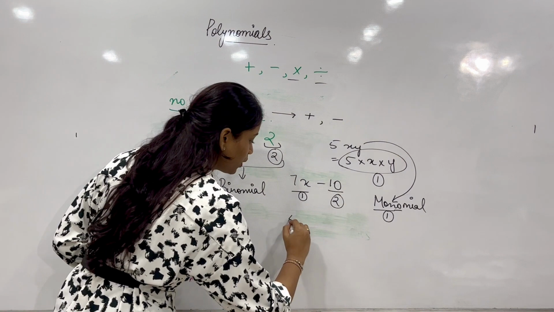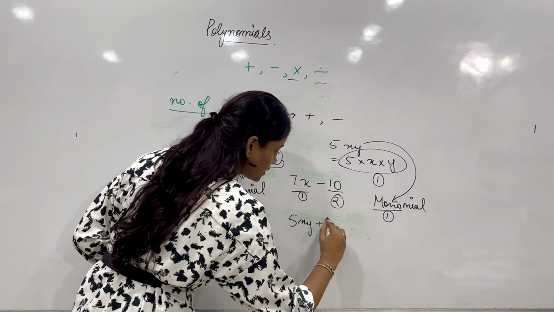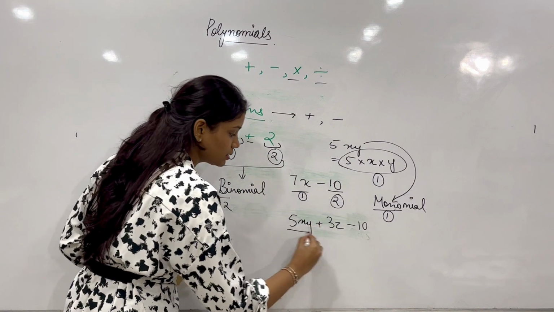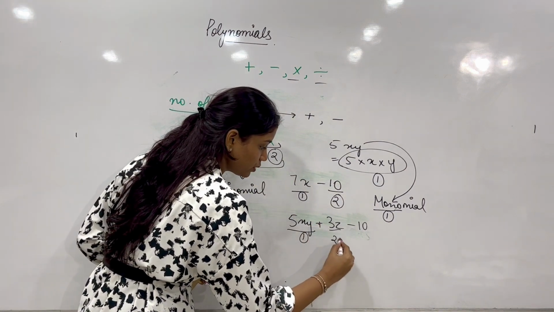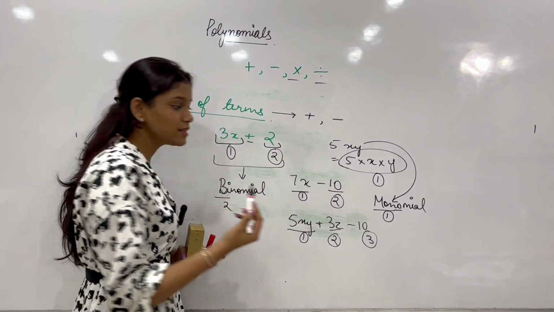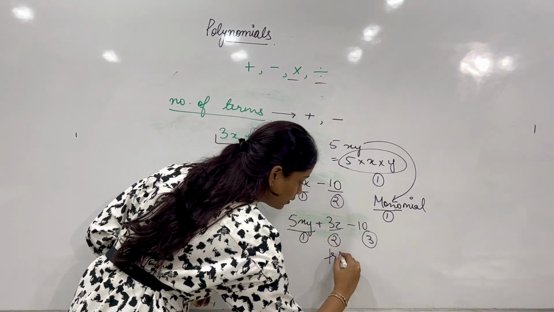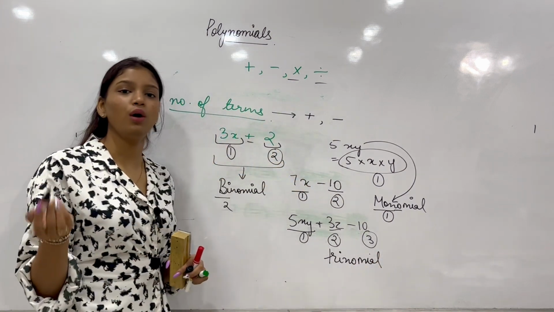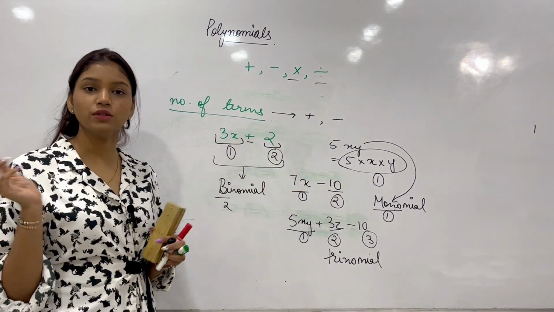Now, if you have 5xy plus 3z minus 10, plus से ये terms differentiate हुए, minus से third term differentiate हुआ, it has 3 terms. This is called a trinomial, and so on. You can make it for 4, 5 and so on.